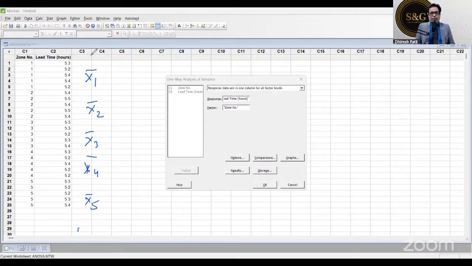So the null hypothesis will say all are equal, and the alternate will say at least one sample has a statistically significant difference from the others. That is called the alternate hypothesis. Okay, let's figure that out. Let's click on OK.